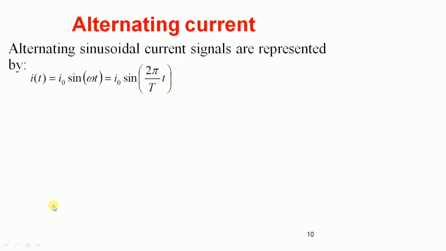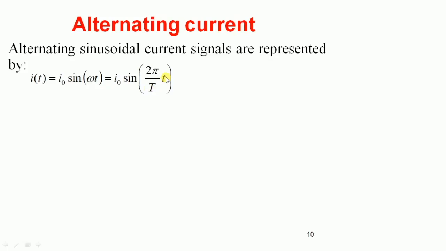Now, if one likes to talk in terms of current, current will obviously be drawn by the load circuit or load resistance or any application device, and it depends on the resistance offered by the device or circuit, and it can be represented by I0 sine omega t, where I0 is the amplitude of the current, and omega I have replaced by 2 pi over T. So 2 pi over T into t, so these dimensions are cancelled.